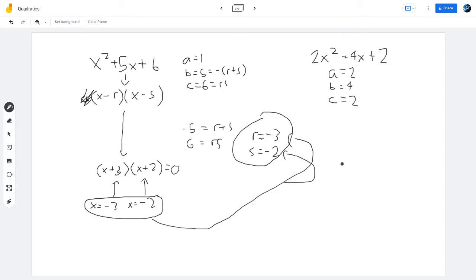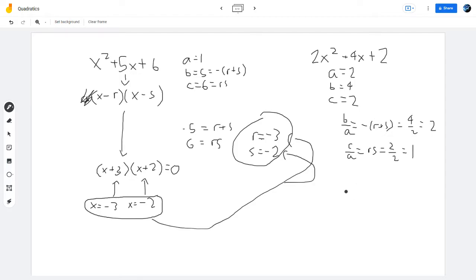And we know that b over a is going to be equal to negative r plus s, and c over a is going to equal rs. And so b over a is just 4 over 2, so that's going to equal 2. And c over a is just going to equal 2 over 2, so that equals 1.